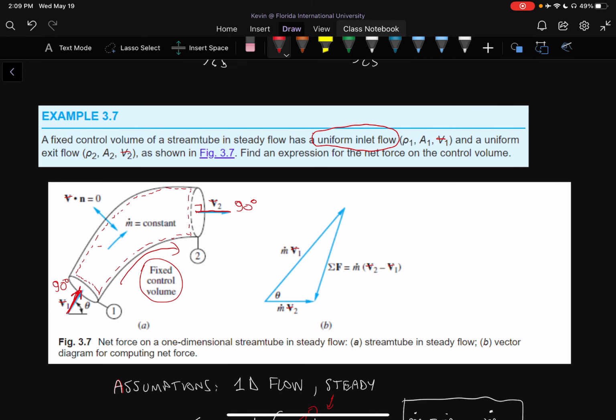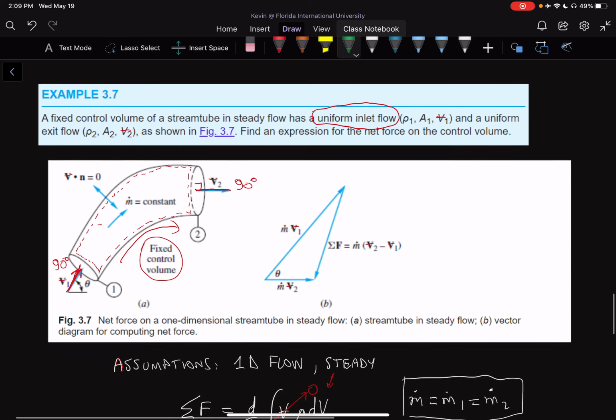If we look at the vector diagram that they used, you can actually draw a vector diagram of what's happening. You know that the velocity 1 coming in times m dot creates a certain vector up. We know that m dot times v2 creates a certain vector to the right.